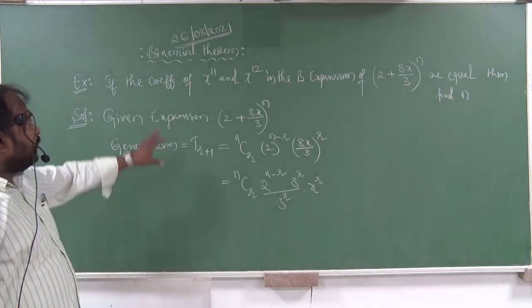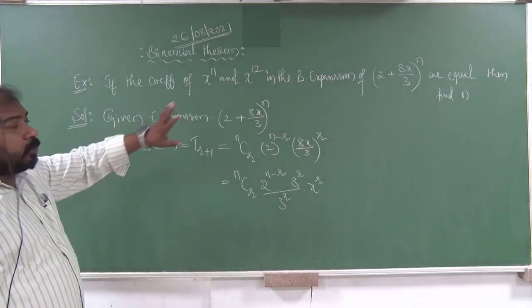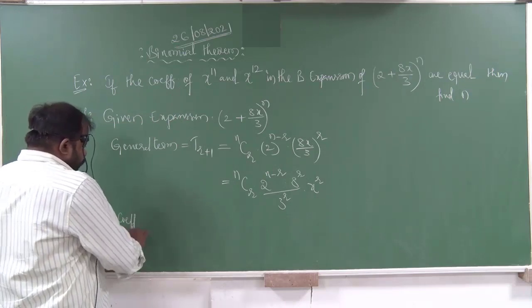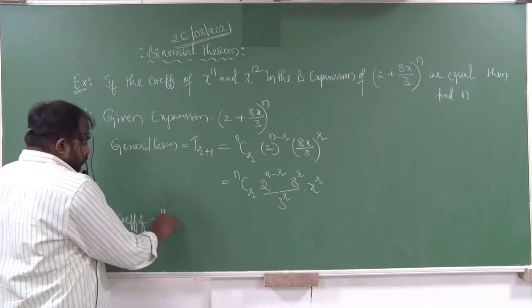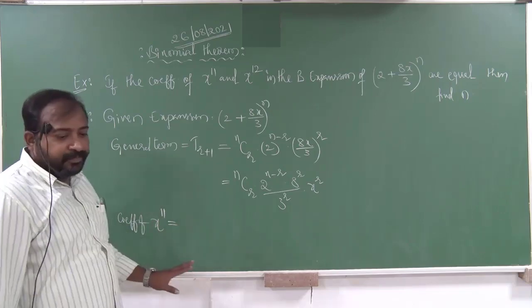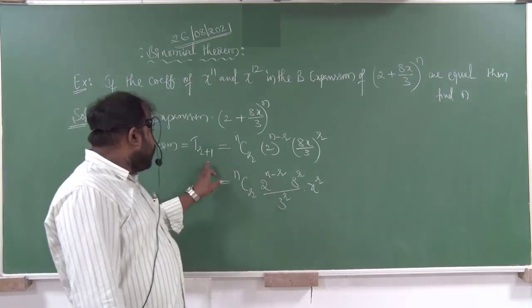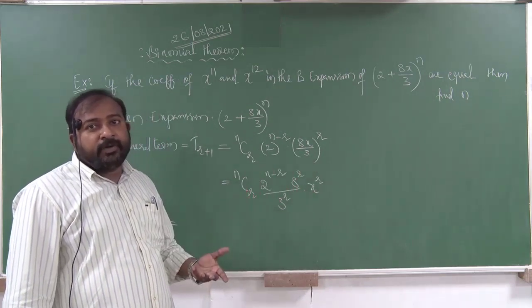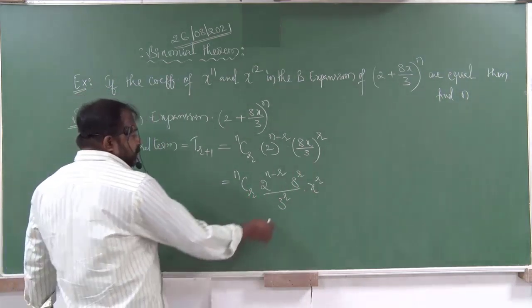But according to the data, the x power 11 coefficient and x power 12 coefficient are equal. So how can I get the coefficient of x power 11? Simple. In T(r+1), x power r I got. So for the x power 11 coefficient, simple logic: replace r by 11.